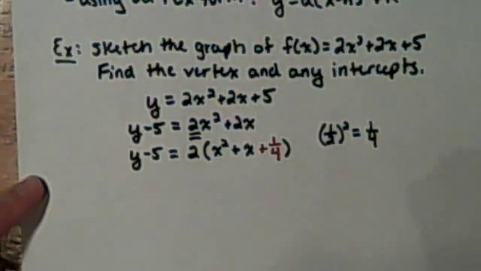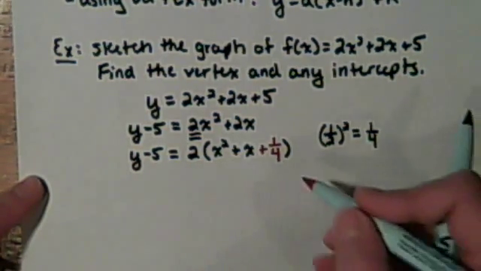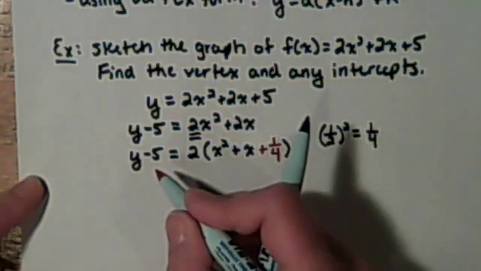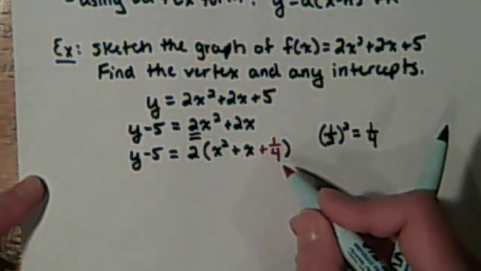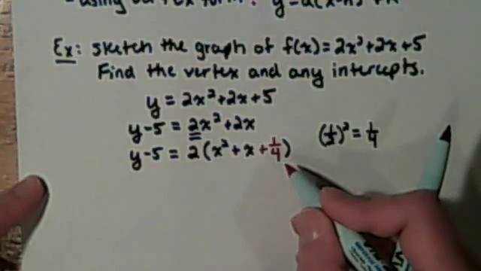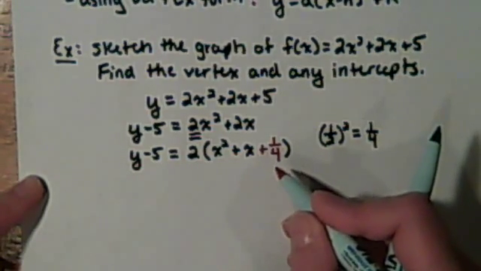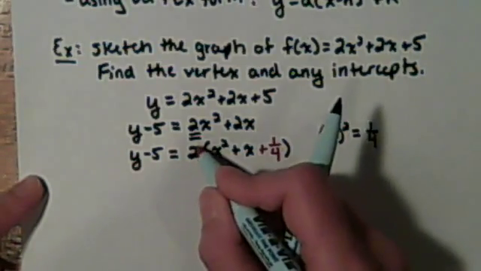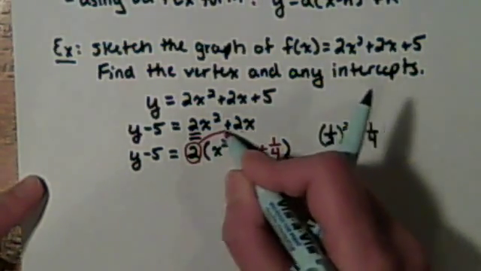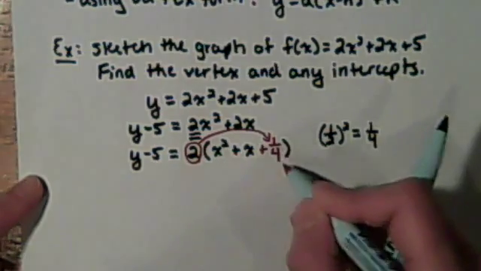Now here's the tricky part that's different than what we did in the last example. Remember, when we add something to one side of the equation, we must add it to the other side. The problem is we didn't just add 1/4 to this side. We added it inside the parentheses, but what we added to this side is actually 2 times 1/4.